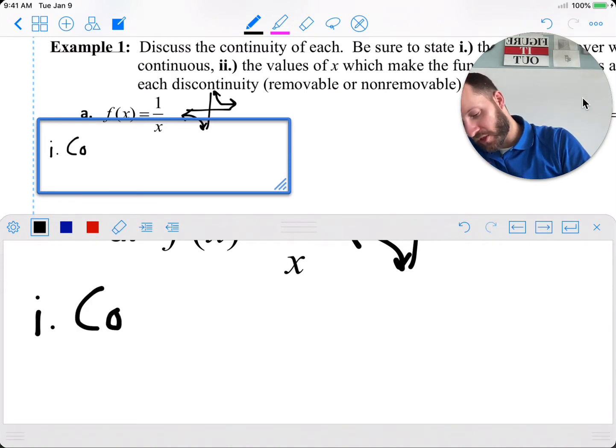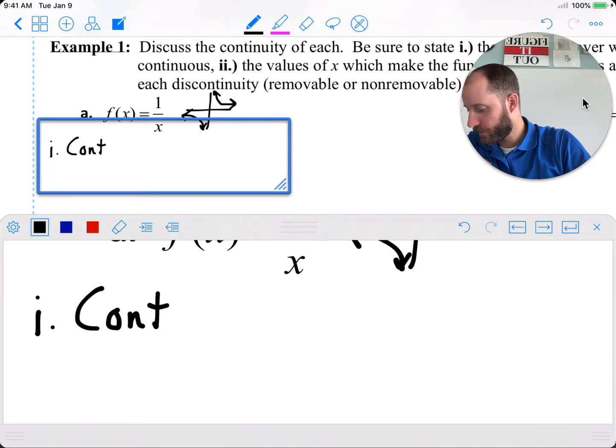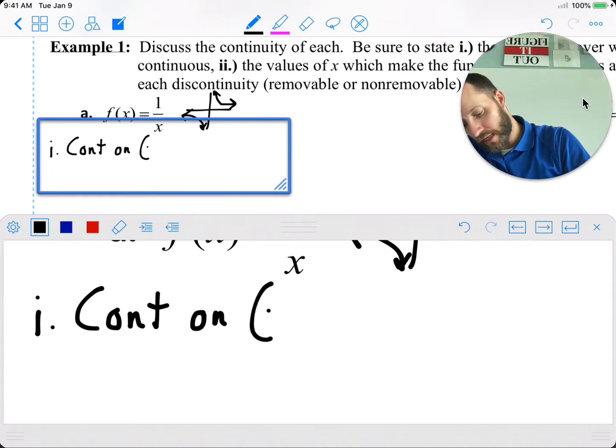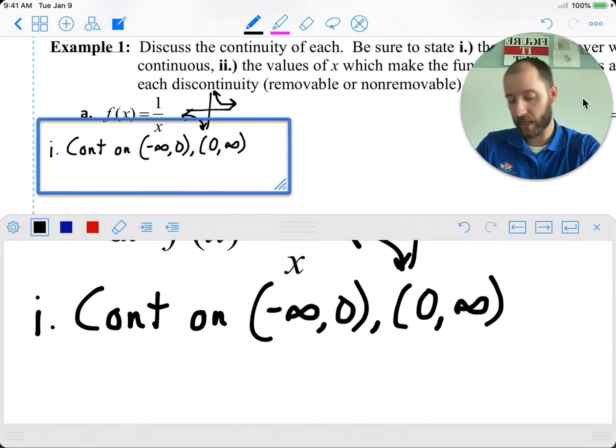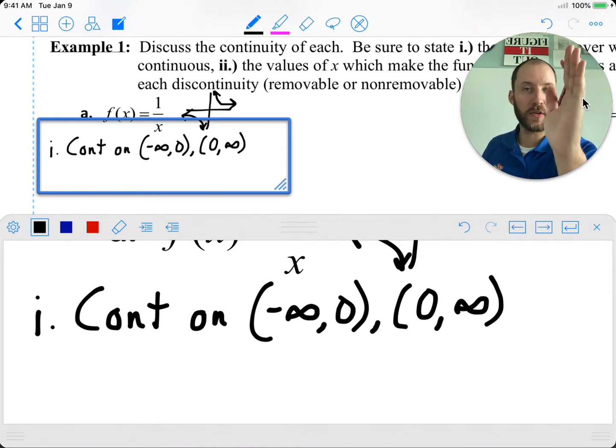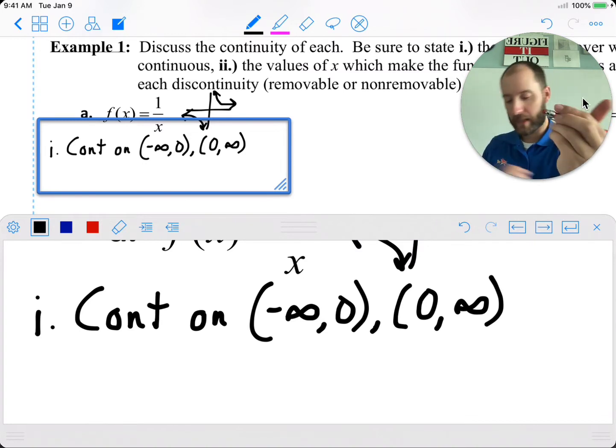So this function is continuous on the interval -infinity to 0, and then from 0 to positive infinity. Just at that 0 we have discontinuity. Everywhere else it's continuous.